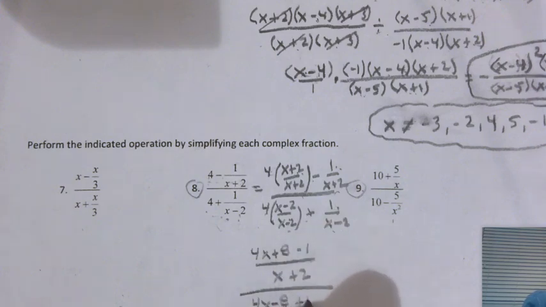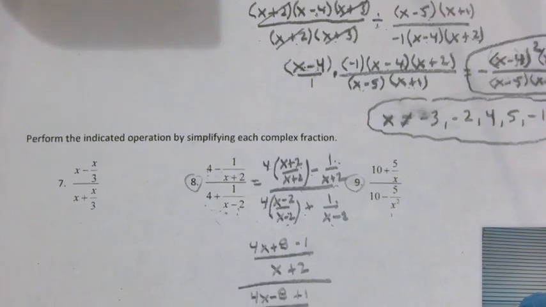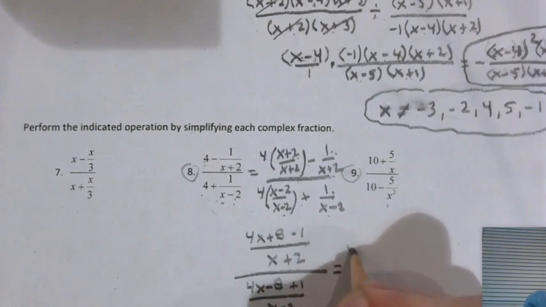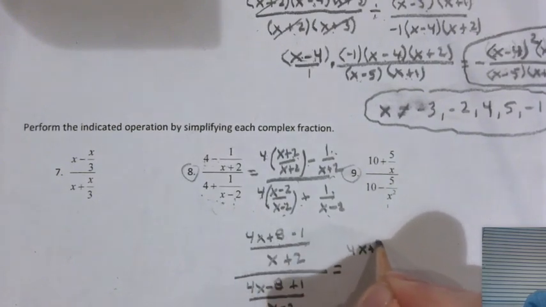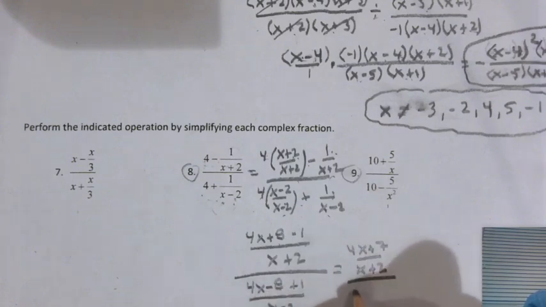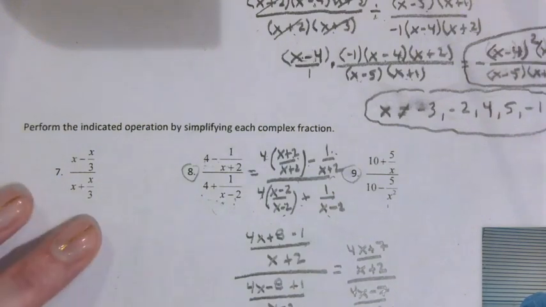So we got plus 1 all over x minus 2. Okay, and then let's simplify. That's going to be 4x plus 7 over x plus 2, and then 4x minus 7 over x minus 2. Okay, let's figure out any restrictions.